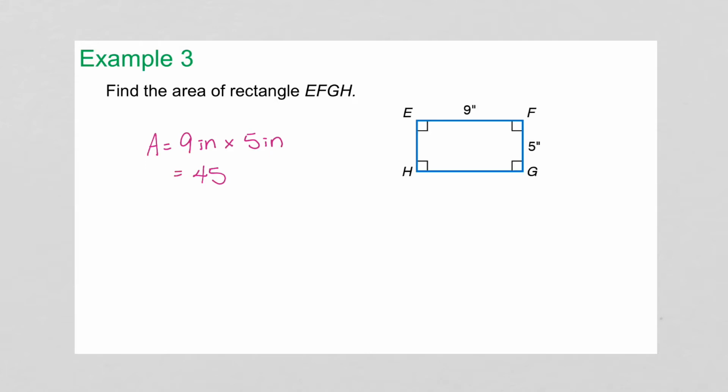So 9 times 5 is 45, but we need to take into account the units. And we can't just write 45 inches because we have inches times inches. And we discussed this some before. If you multiply inches times inches, then you have inches squared, or the way we've been writing it is square inches.